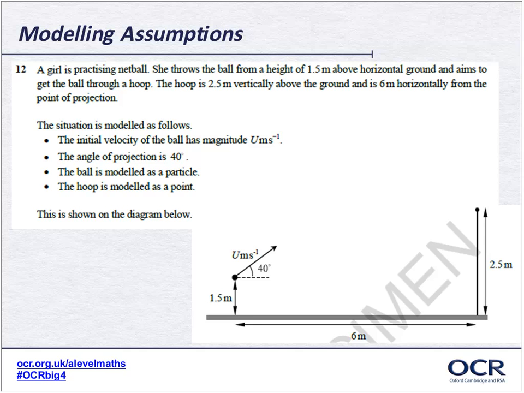Now let's just have a think about this model. In many ways, this is of course a terrible model. If you imagine what would actually happen if you were out throwing a netball at a hoop, what happens to this ball? This ball is a particle, of course, rather than a sphere, and it's at rest for a while, and then suddenly, sort of magically, it zooms off at this u metres per second at exactly 40 degrees, instantaneously accelerating to whatever that u is.